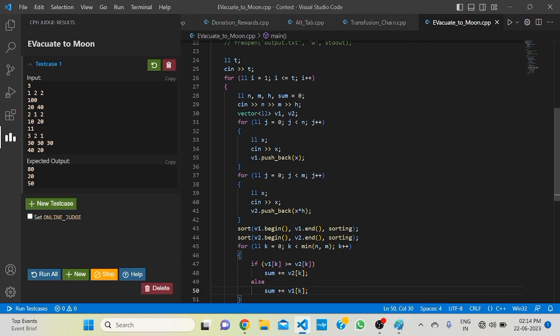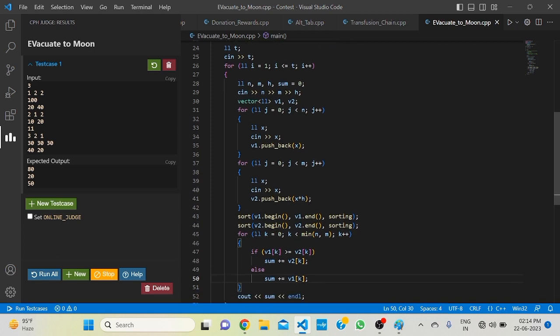Otherwise, if the multiplication of time and power from the outlet is less than the energy capacity of the car, then the car can hold only that much energy, which is equal to the product. So yeah, it is okay.